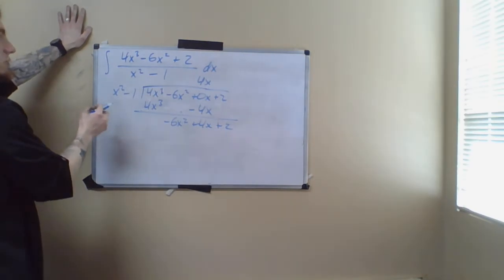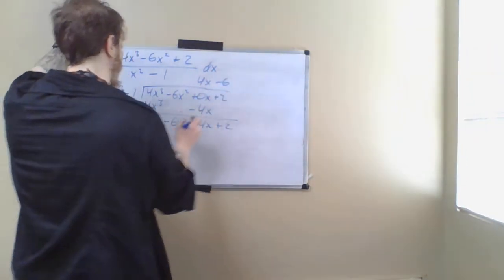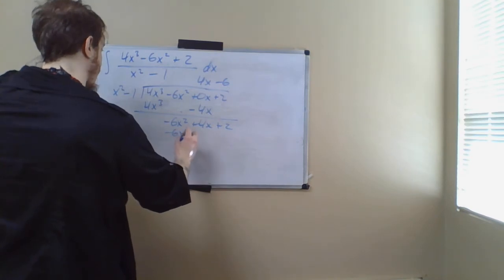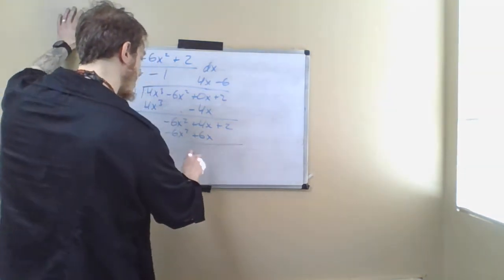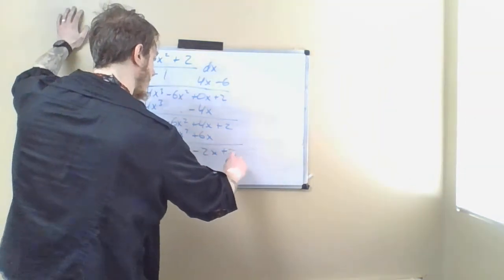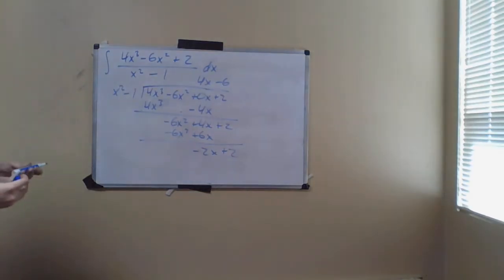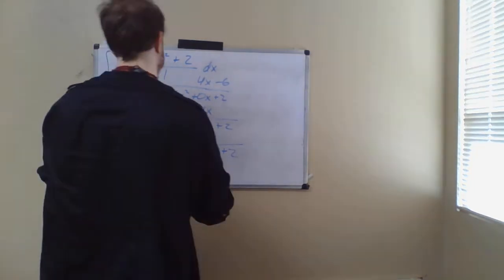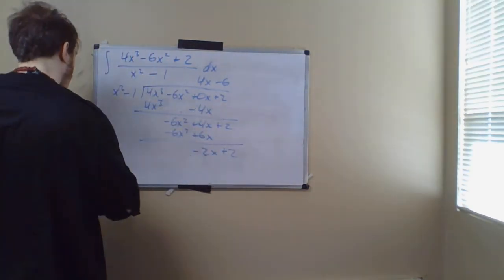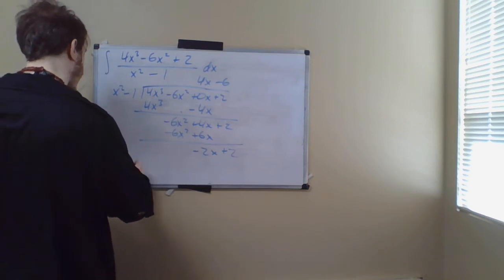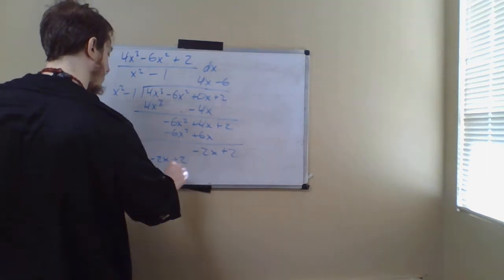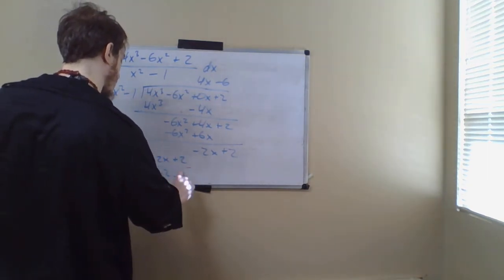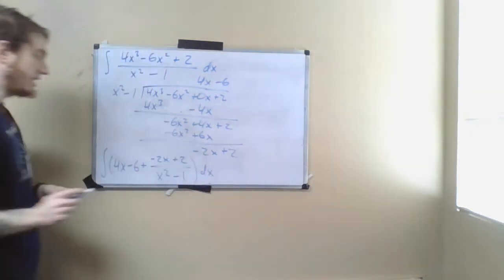To get the negative 6x squared, I would need to multiply by a minus 6, and that would give me minus 6x squared plus 6. And when I take the difference, this leaves me with negative 2x plus 2. So what I can do is rewrite my original integral as the integral of 4x minus 6 plus negative 2x plus 2 divided by x squared minus 1 dx.